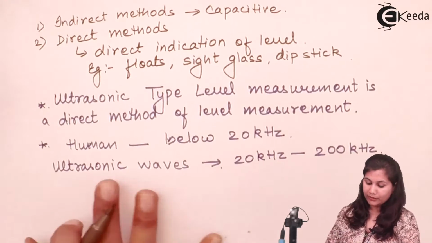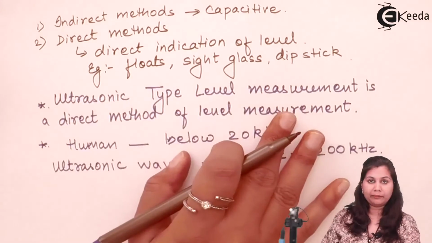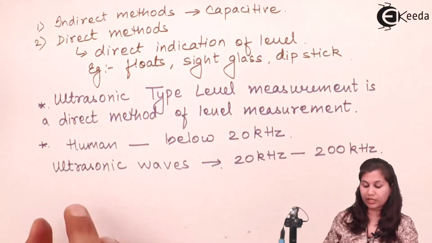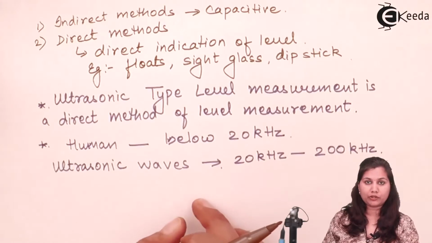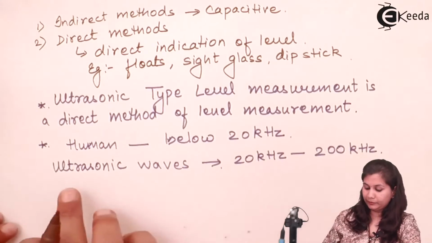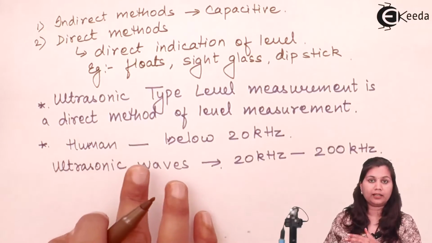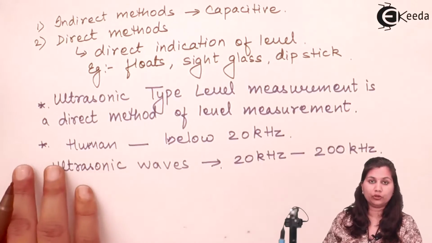So ultrasonic type of level measurement methods use the ultrasonic waves for the measurement of the level. And these waves are not in the hearing range of humans.